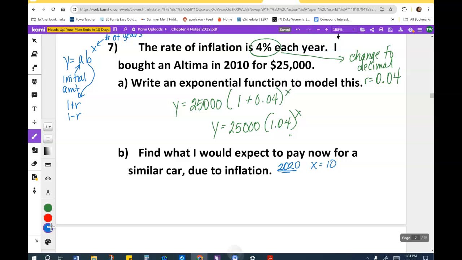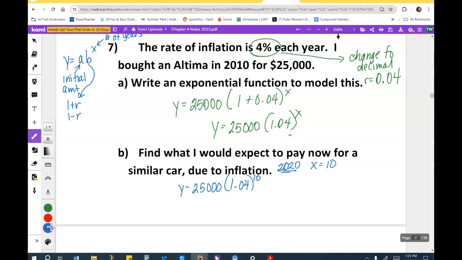And so I'm going to take my model, y equals 25,000 times 1.04, and I'm going to take it to the 10th, because from 2010 to 2020 is 10 years. So we're finding out what the cost is going to be in 10 years given that growth rate. And remember that in real life it doesn't always go at a steady percentage every year, but we're just using that for understanding how it works in exponential form right now.